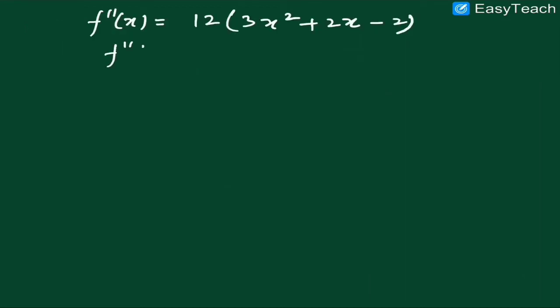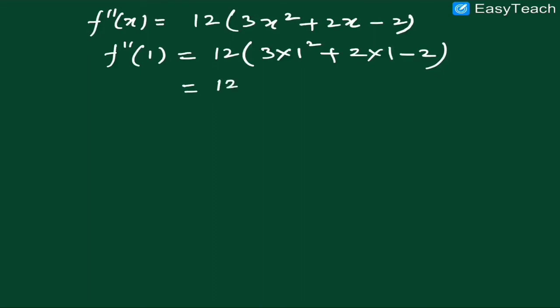Now check the sign of f double dash x at the point x is equal to 1. Therefore f double dash 1 is equal to 12 into (3 into 1 square plus 2 into 1 minus 2), which is equal to 12 into 3, which is 36, which is positive.